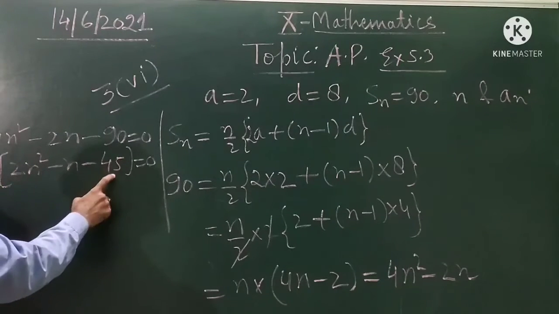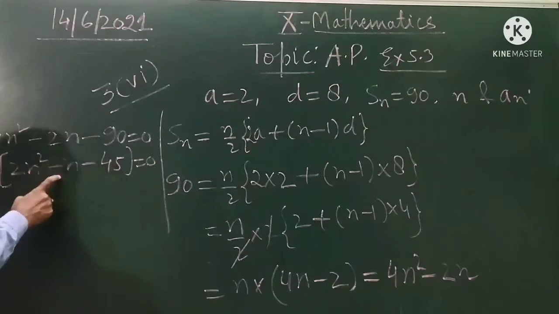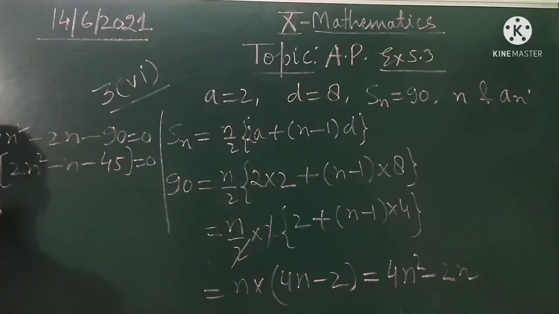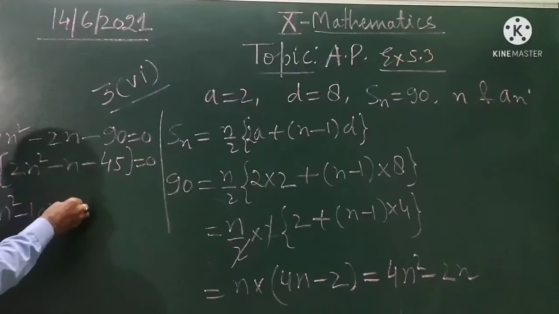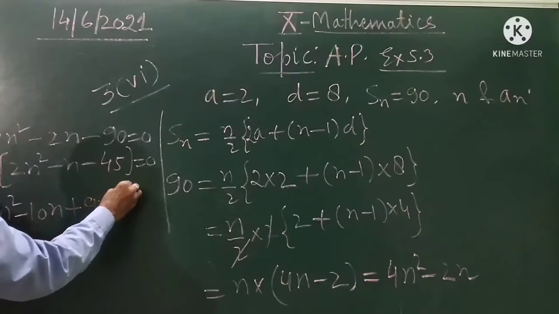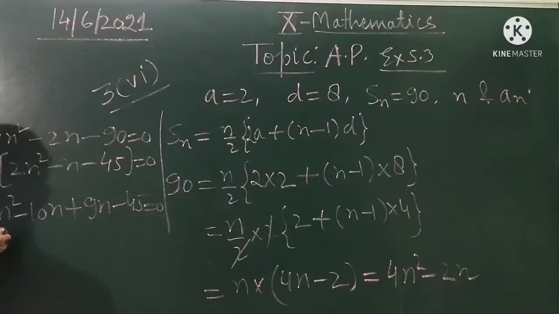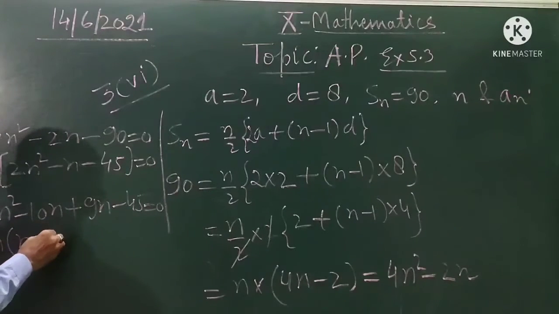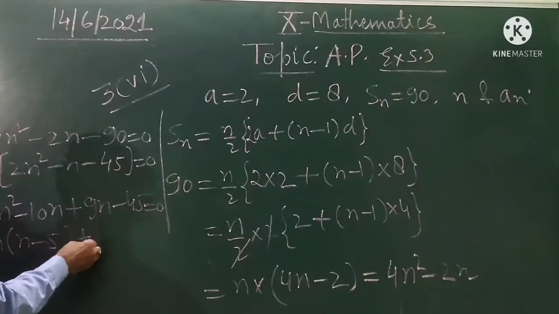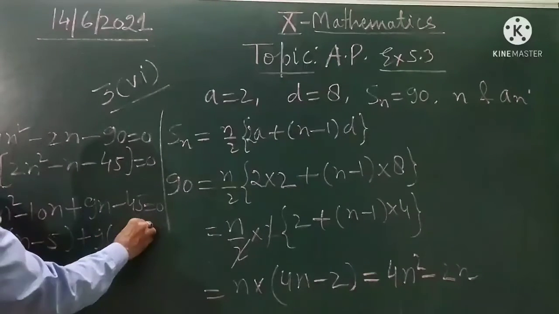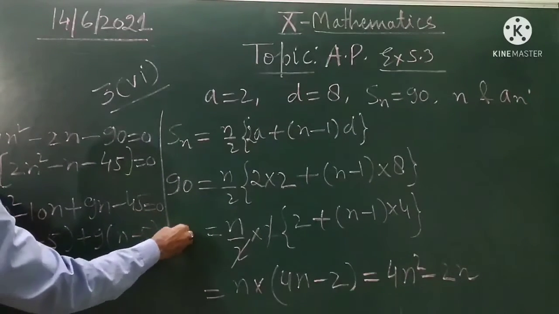Now 2 into 45 is 90. We can write 10 into 9 is 90. So it is 2n square minus 10n plus 9n minus 45 equal to 0. 2n common, it is n minus 5 plus 9 common, n minus 5 equal to 0.